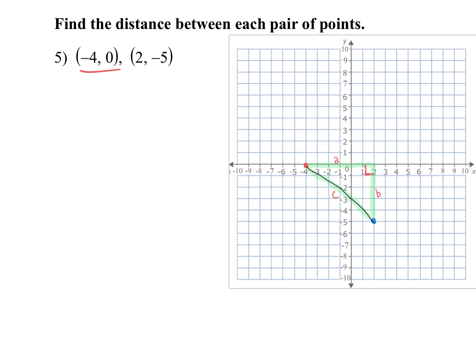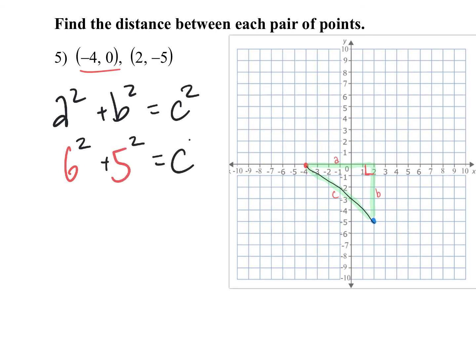So let's figure that out right now. We're going to apply the Pythagorean theorem, and I'm going to rewrite that. A squared plus b squared equals c squared. And for A, we're going to plug in 6. And for B, we're going to plug in 5. Great. And we're going to need to figure out what C is.